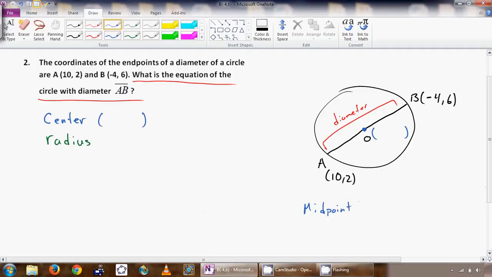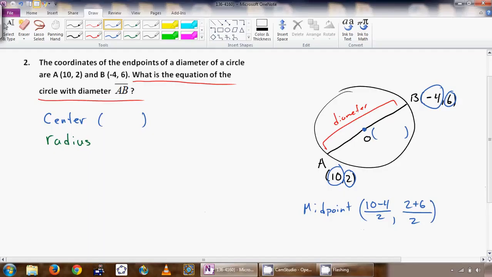Alright, the midpoint is the average of my x's. One of my x terms on the endpoint is 10, the other one is negative 4. So I sum them and divide by 2 because I want the average. The y terms on the endpoints are 2 and 6, so I'll sum them and divide by 2.